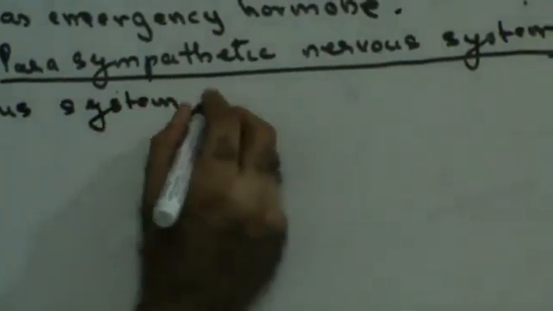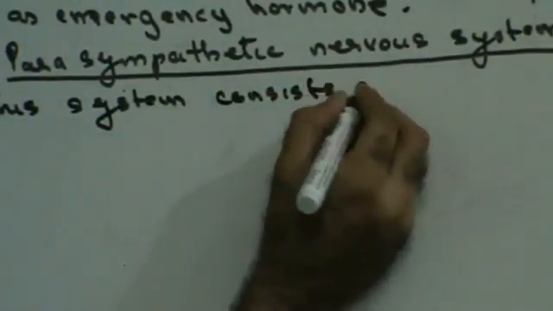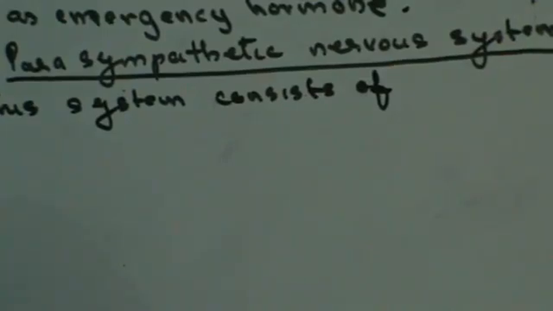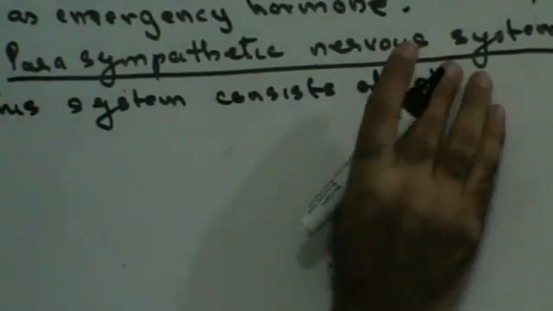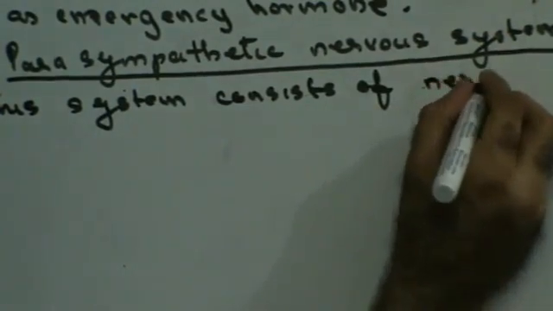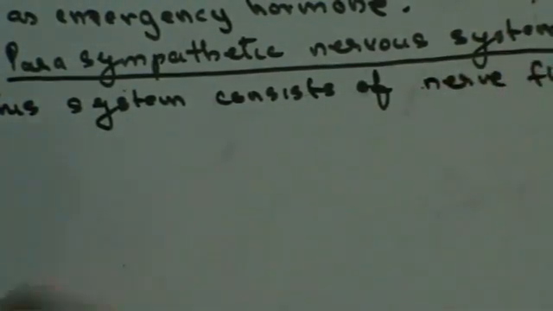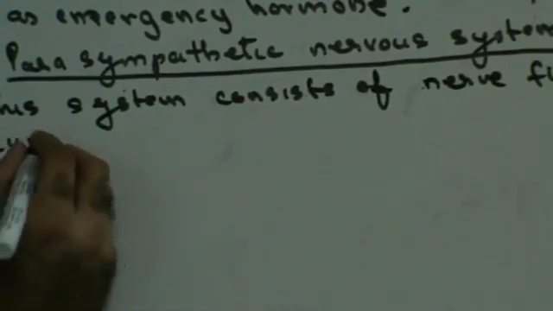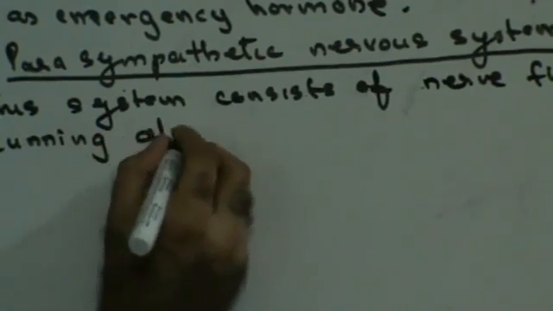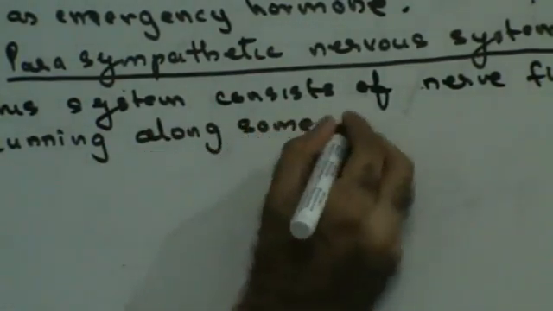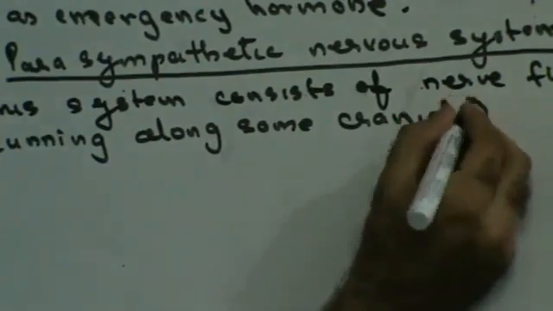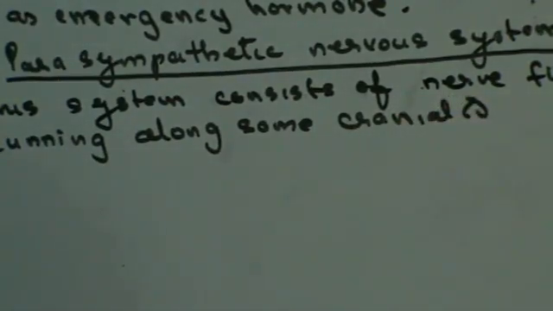So this system consists of nerve fibers running along some cranial nerves and sacral nerves.